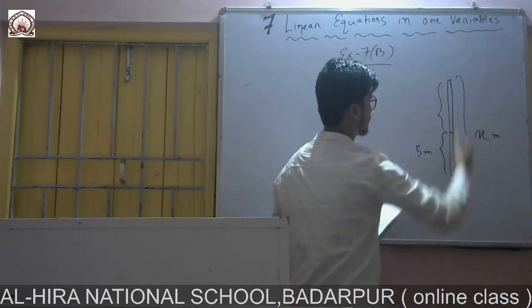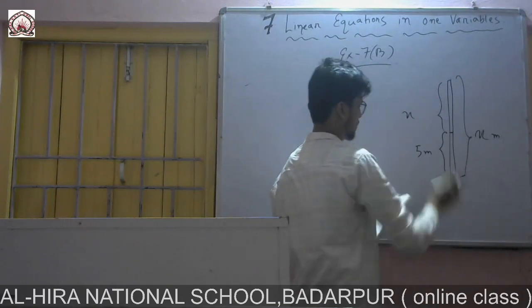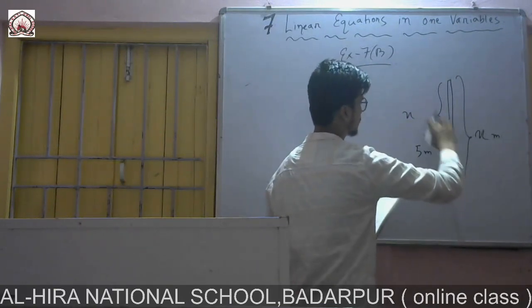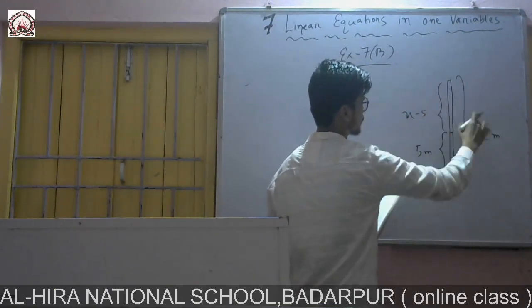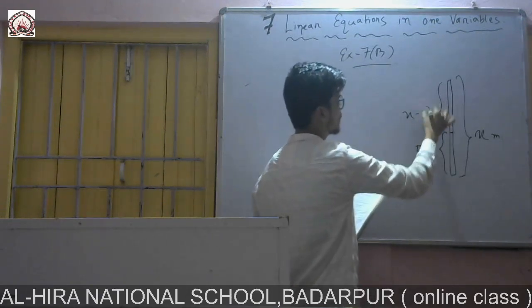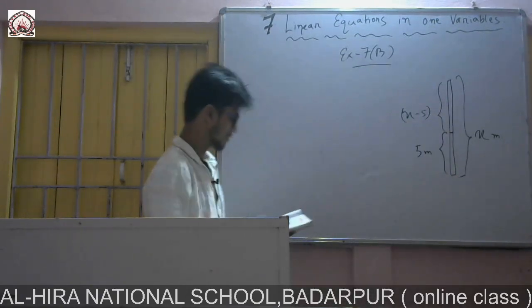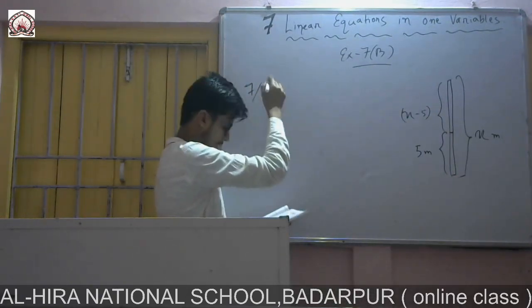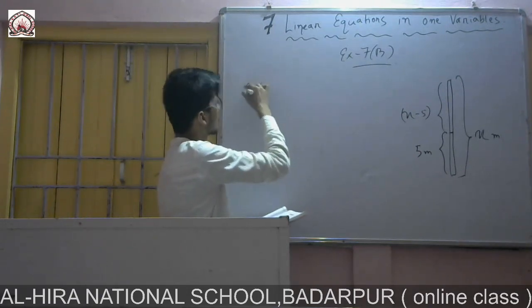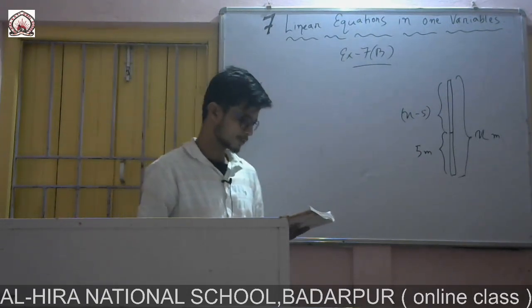Total length of this pole is x. If this part is 5 meter, that means I have to subtract 5 from the total, then I will get the other part. So the question is only to find the length of the other part.